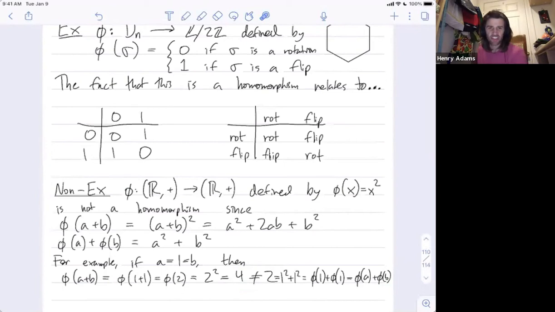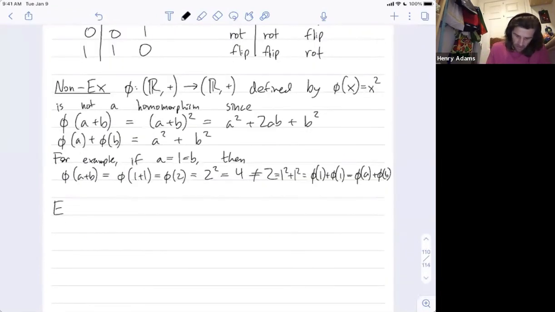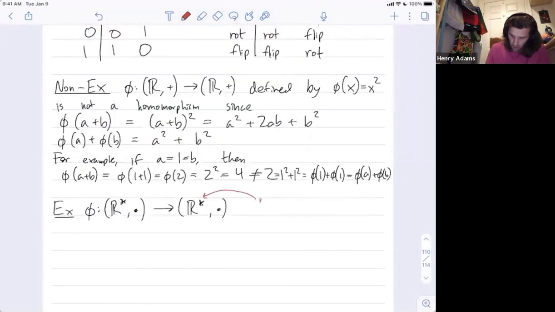Let me change the operation a little bit, and in some sense, I will turn this into a homomorphism. So let me consider the non-zero reals. The star means non-zero, it means 0 is excluded, under multiplication.